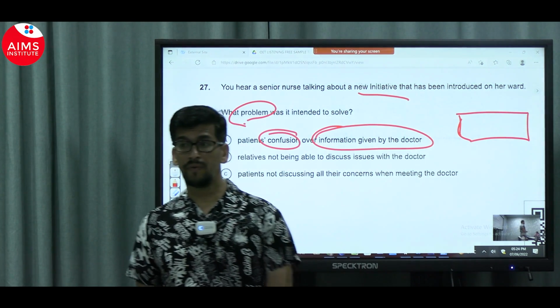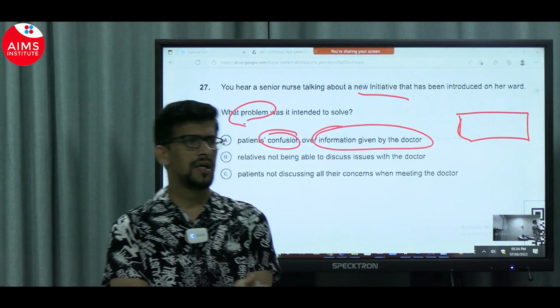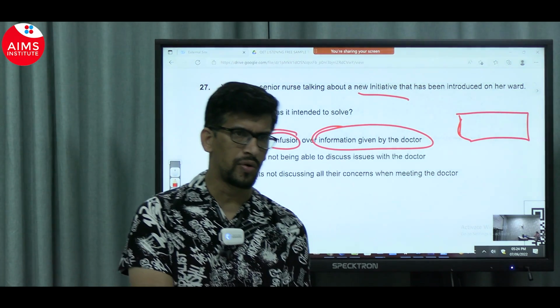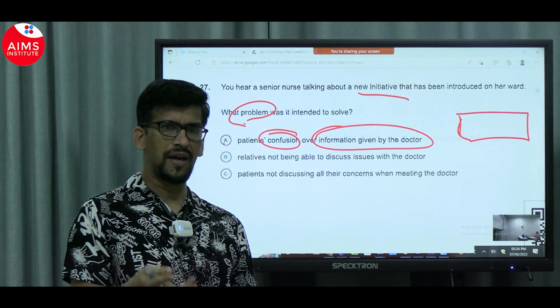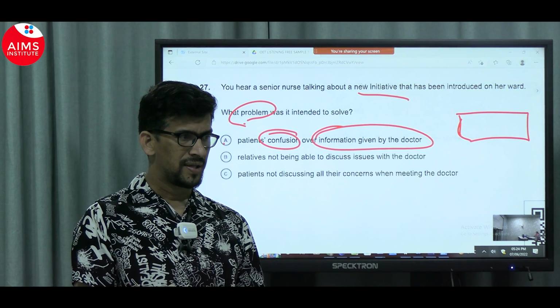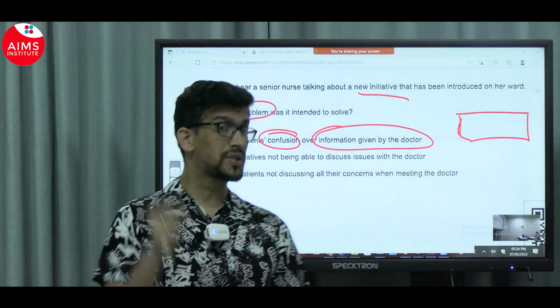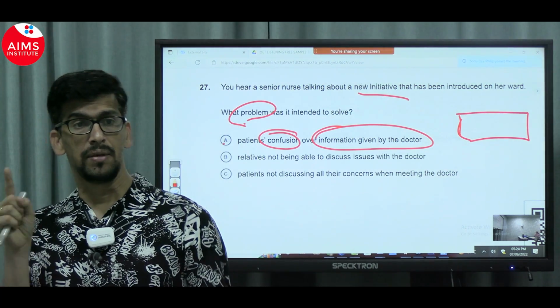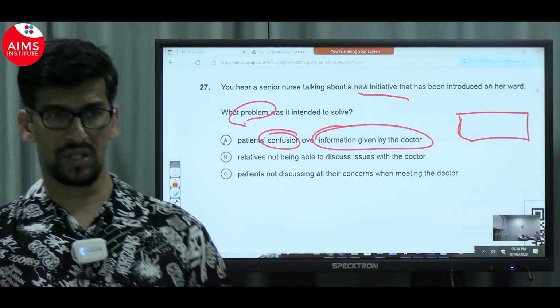That should be, see, confusion might be there from some other problems also. Maybe patients can have confusion when they go to the pharmacy also, which is not the doctor's job. Here the question is about confusion arising from the miscommunication of doctors.